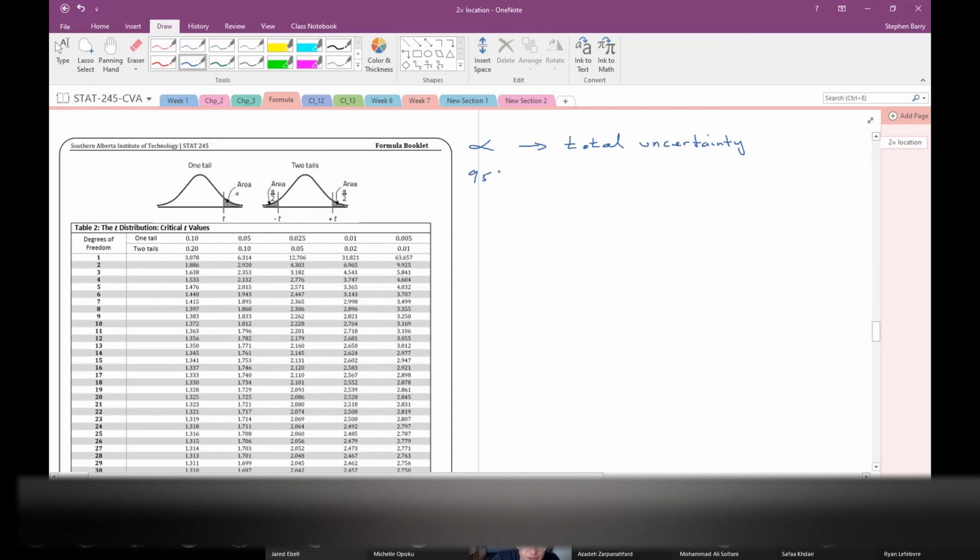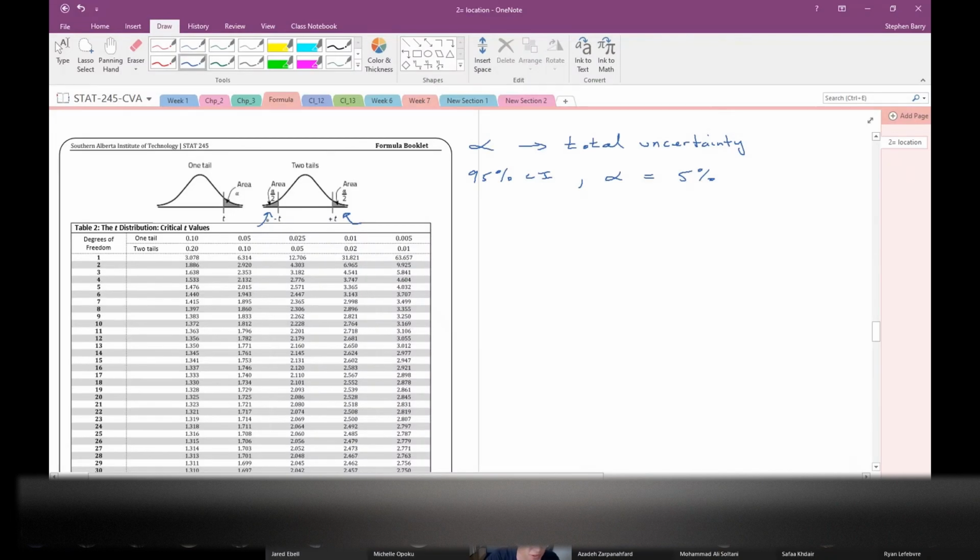So for a 95% confidence interval, your alpha value, the total uncertainty, would be 5%. And with a confidence interval, the uncertainty is divided into two, because there's a low error and also a high error, so it can fall into one of these two categories.